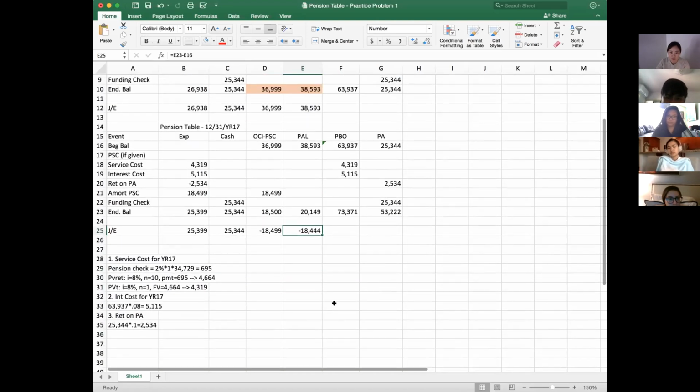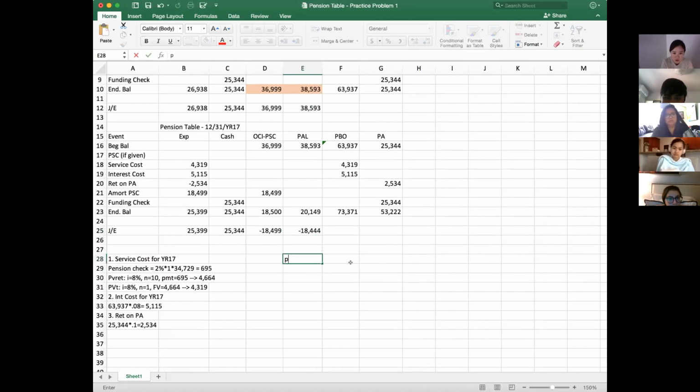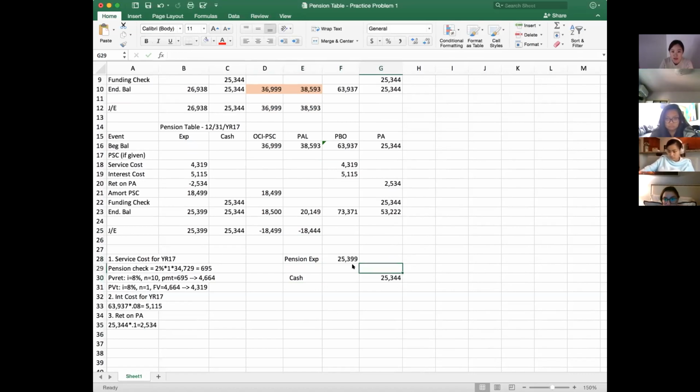So let us make sure it balances. Pension expense debited for 25,399. Cash credited for 25,344. And then credit OCI prior service cost for 18,499.